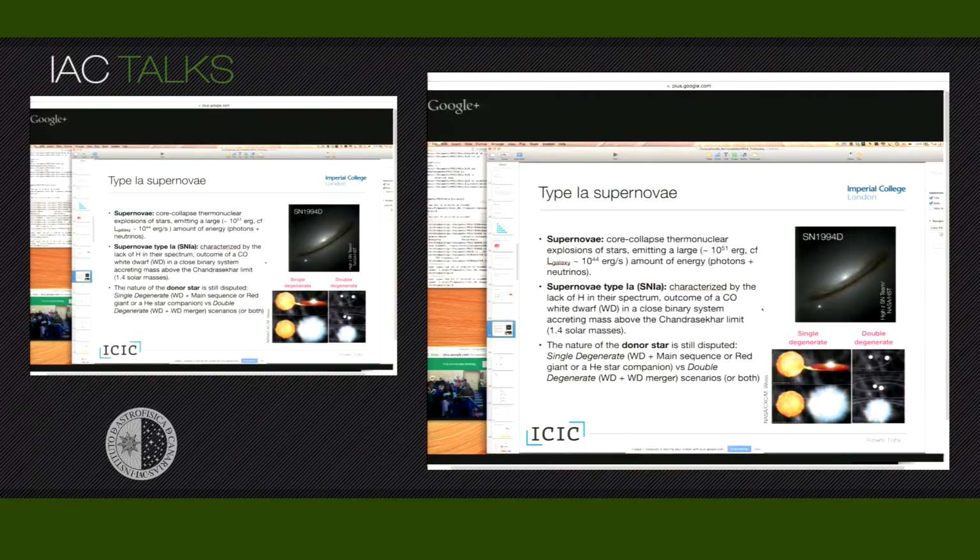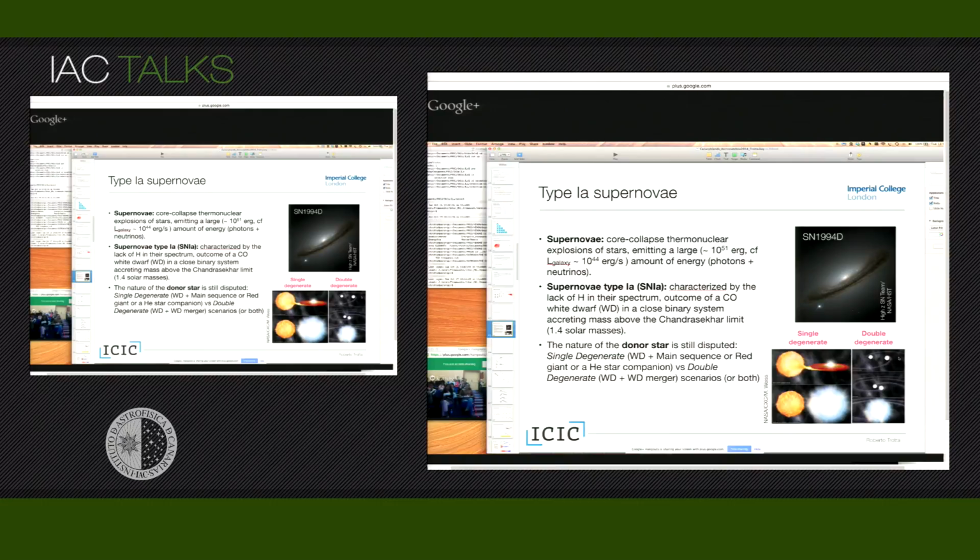They are the outcome of a carbon-oxygen white dwarf in a close binary system, which could be a single degenerate scenario, where a single white dwarf accretes mass from a companion star, perhaps a red giant, that donates mass through a bridge, essentially, that allows the white dwarf to accrete. Or it could be a double degenerate scenario, where you have two white dwarfs in a close binary orbit that eventually coalesce into a bigger star.